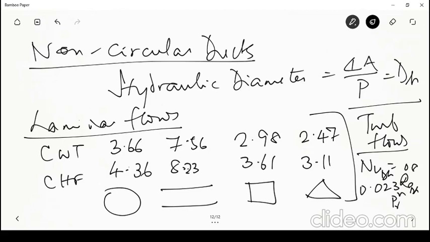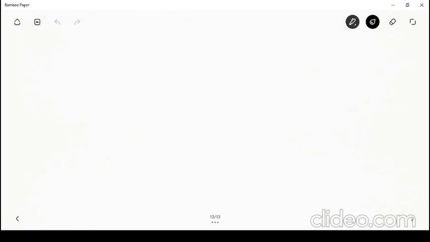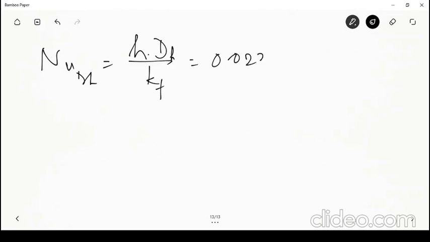Now this Reynolds number is defined in terms of d_H and Nu is defined in terms of d_H. Nu_dH is nothing but h times d_H divided by k_f, that is equal to 0.023 Re_dH raised to the power of 0.8, that's 4/5, times Pr to the power of n, where n is 0.3 or 0.4, 0.3 for cooling and 0.4 for heating.